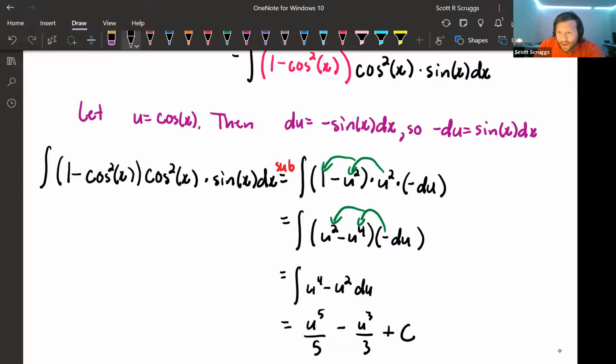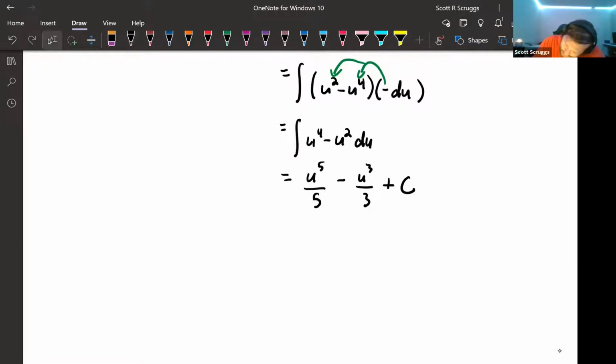And also, because I did a u sub, and I'm doing it on an indefinite integral, I have to rewrite in terms of the original variable. So cosine to the fifth over 5, minus cosine cubed over 3, plus c.